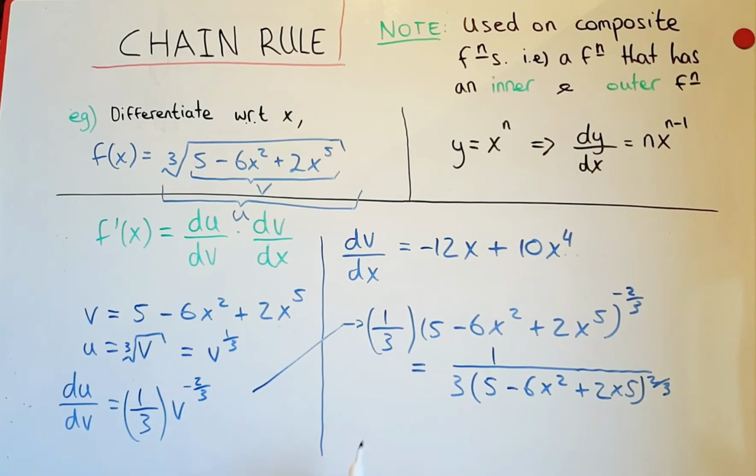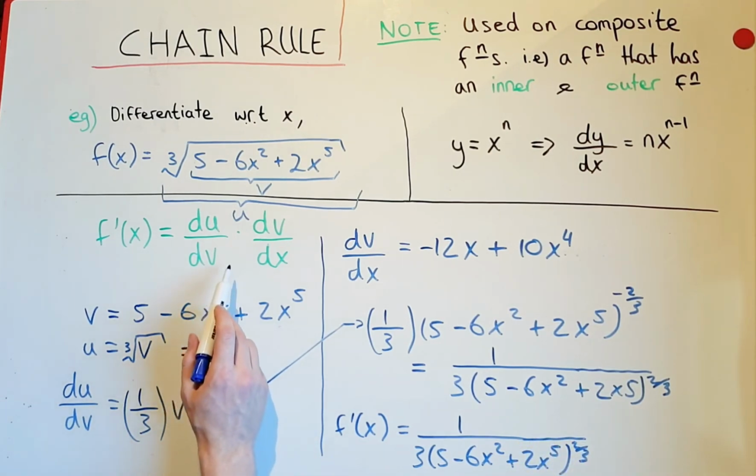Alright, so what we can do now is actually form the final result of using the chain rule on this cubed root function. So our f of x, f prime of x, so the differentiated result, is going to be the du dv, which we found to be this value here. So it's going to be 1 over 3, 5 minus 6x squared plus 2x to the 5, and then that is 2 over 3.